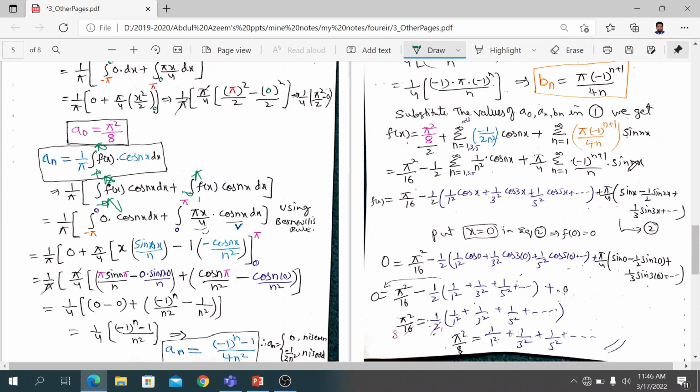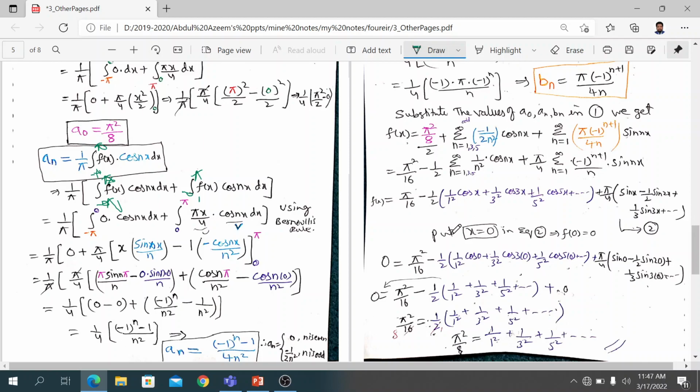Now apply the limit and expand, meaning n equals 1, 2, 3 like that: minus 1 power of 1 plus 1 by 1 sin 1x plus minus 1 power of 2 plus 1 by 2 sin 2x plus minus 1 power of 3 plus 1 by 3 sin 3x and so on.